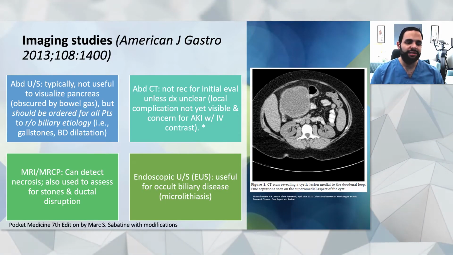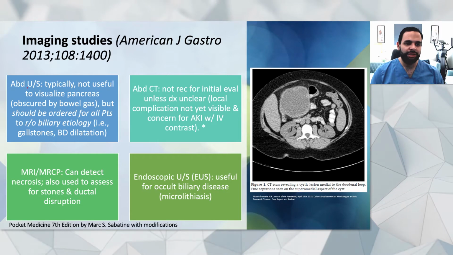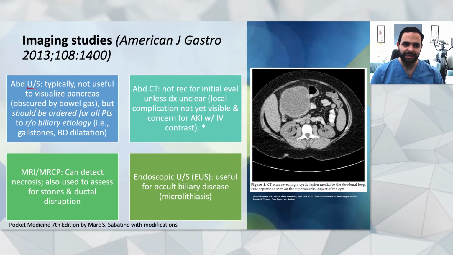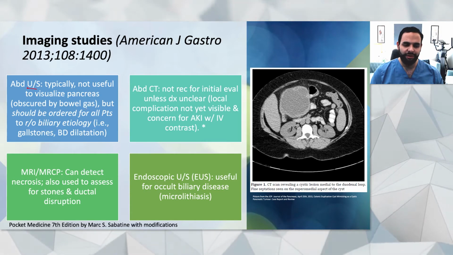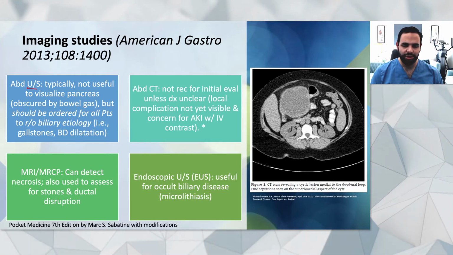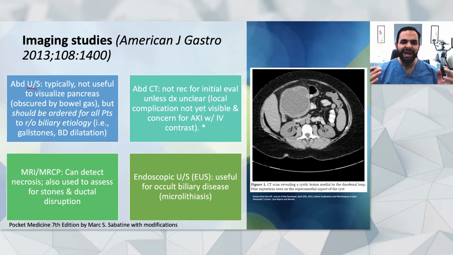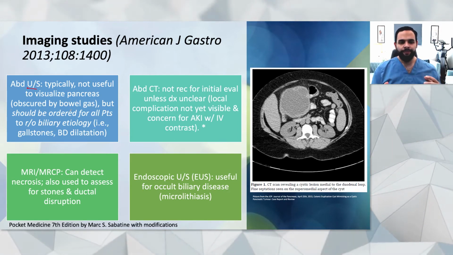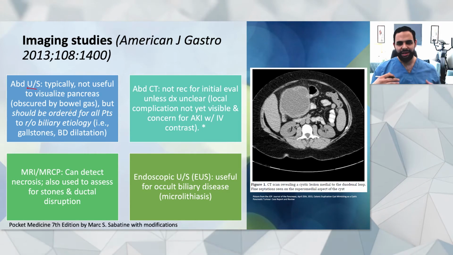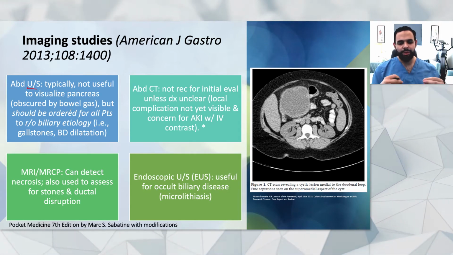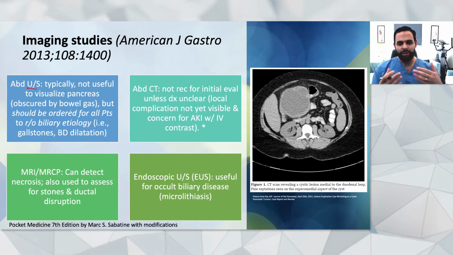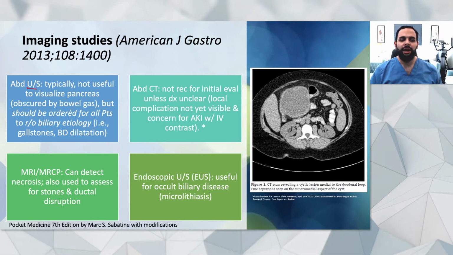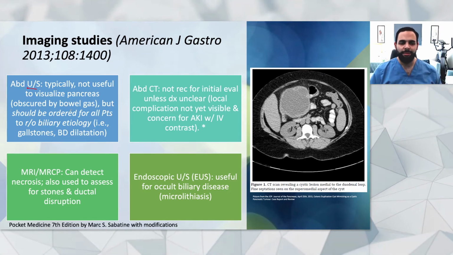The imaging studies that we can use, abdominal ultrasound, which typically is not useful to visualize the pancreas because of the bowel gas, which obscures the picture. And the enemy of ultrasound is gas and bone. Those have very different densities, and ultrasound is programmed to respond to the echo, that means the reflection of ultrasonic waves against water-like compositions.